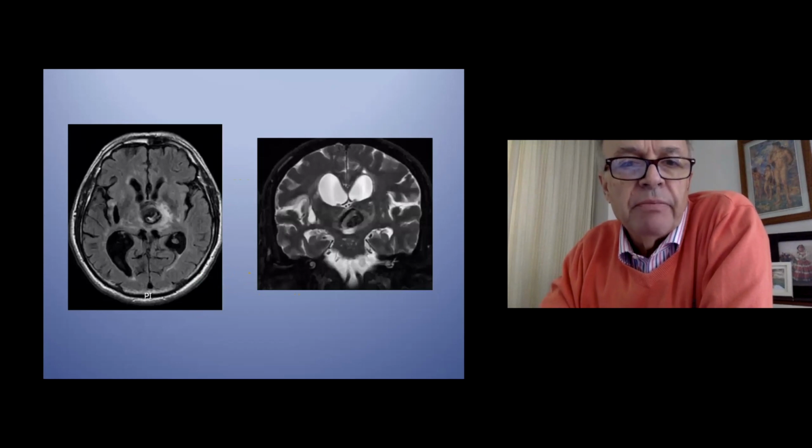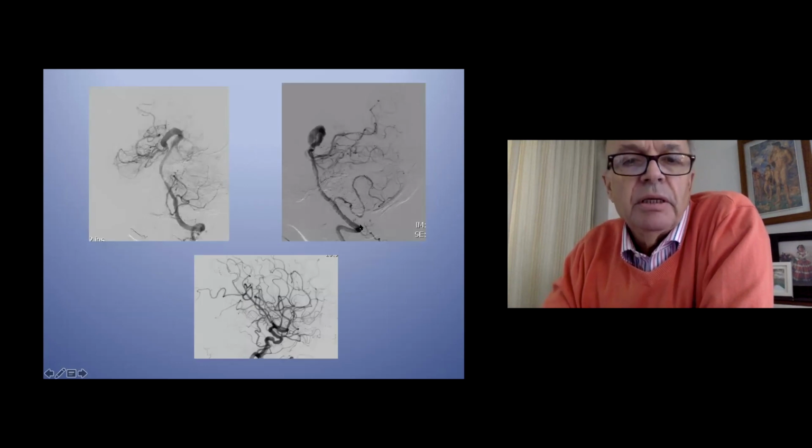This is the MR. You have the mass effect and gliosis in the thalamus and mesencephalon with giant aneurysms. These giant aneurysms have flow here or thrombus here. This is the initial angio.